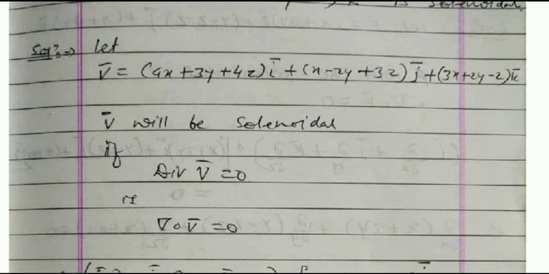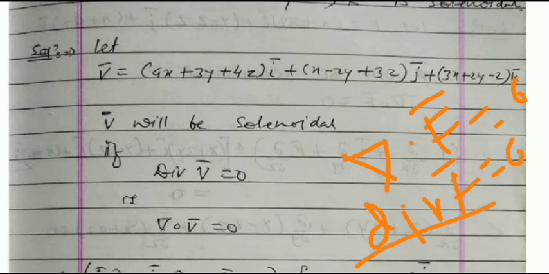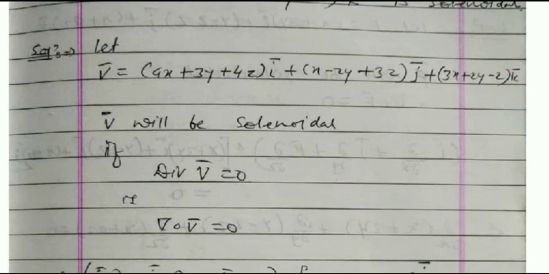That means when it is solenoidal, the divergence of the vector point function is 0. That means divergence of f bar equals 0.